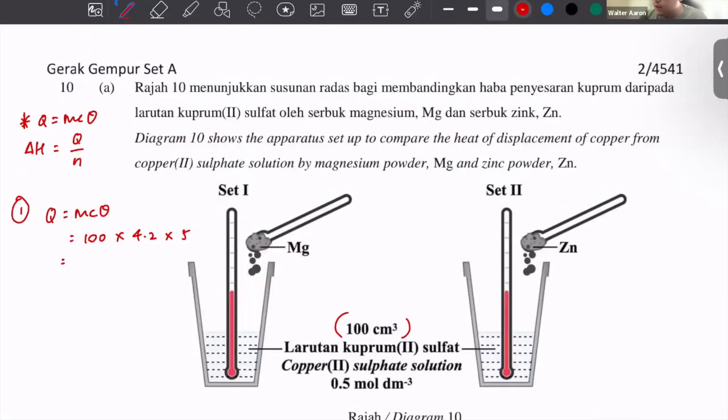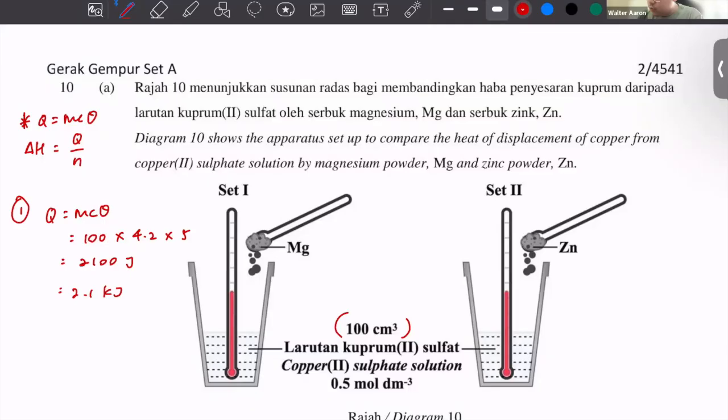Let me use the calculator. That will be 2,100 joules. But before we calculate delta H, we need to change it to kilojoules first, so that will be 2.1 kilojoules.